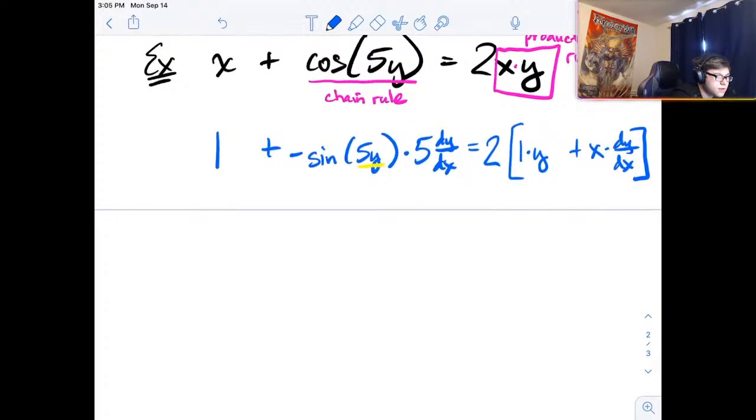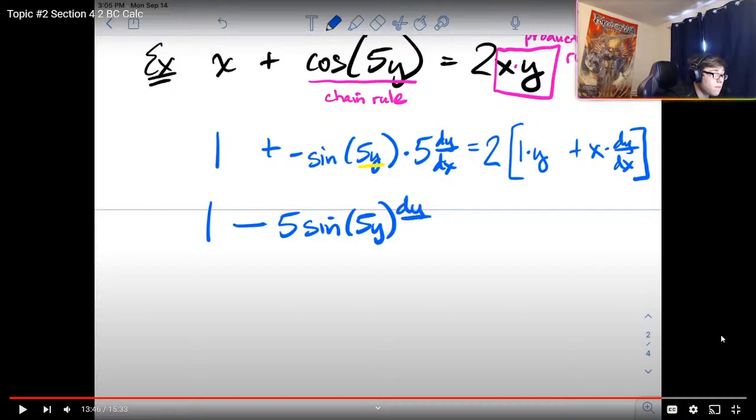Algebraically speaking, how can we get this cleaned up a little bit? Where did you get the minus 5? Oh, I see. That's painful.